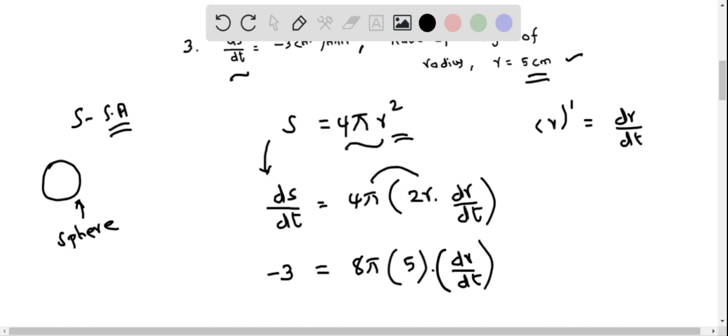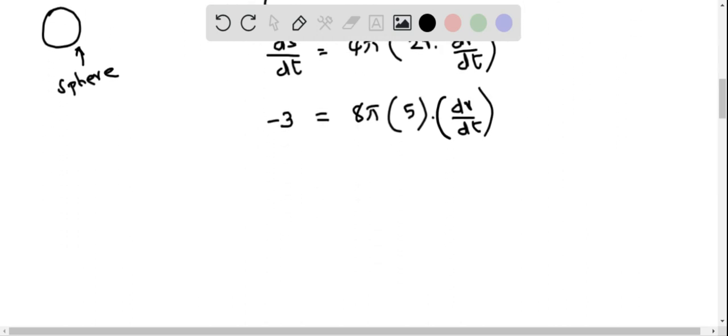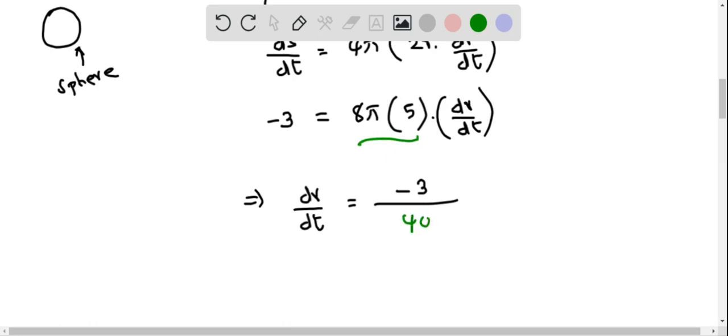So let's solve for dr over dt from this equation. And if we find it, we get dr over dt equals negative 3 divided by this multiplier of dr over dt, that is 8 pi times 5, which is 40 pi.